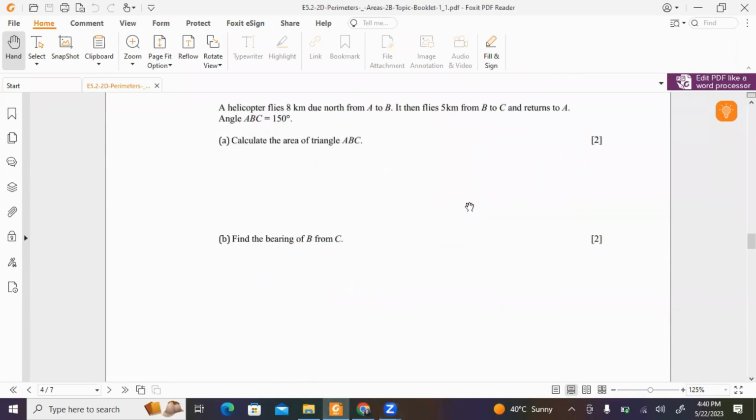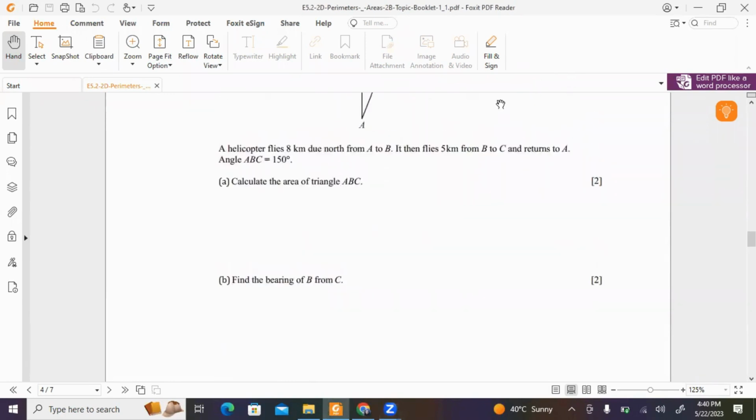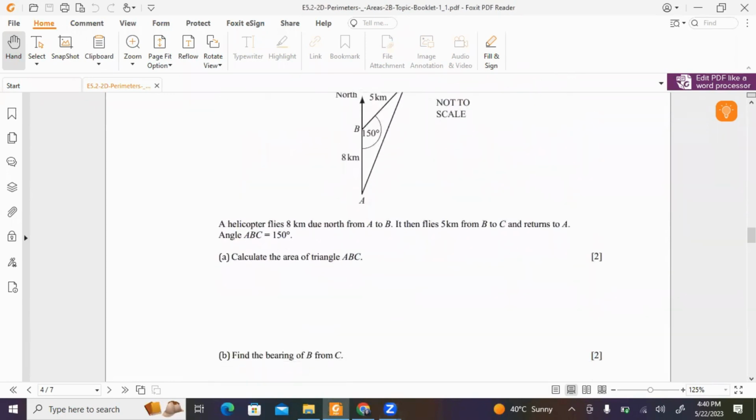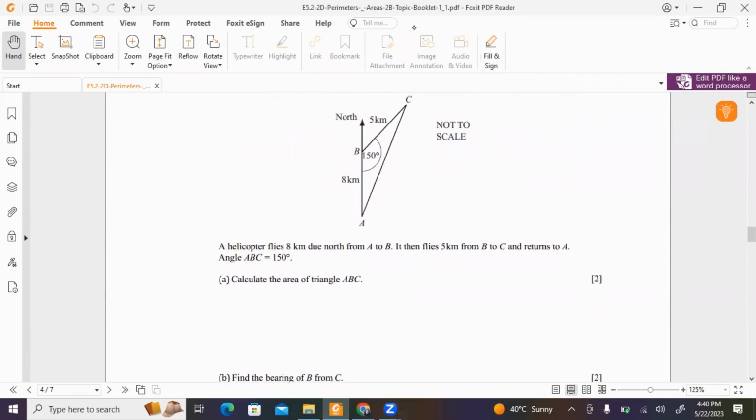Then if you move on to the next part, it says find the bearing of B from C. Since it says bearing of B from C, we make the compass axes from that point. So what do we have?